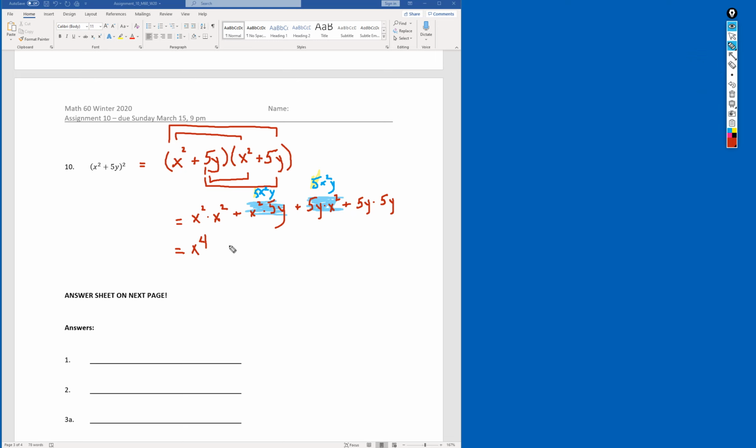So plus 10x squared y, and then plus 5y times 5y, so 5 times 5 is 25. y times y is y squared. All right, and that's it. Cannot combine any of those because none of those are like terms.